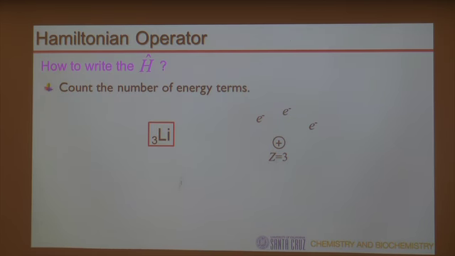The first way to do this is to count the number of each energy form, as we did last time for the hydrogen atom. Here we just need to count the number of energy terms for many electron atoms. Can you tell me how many kinds of energy are in this system, in general?